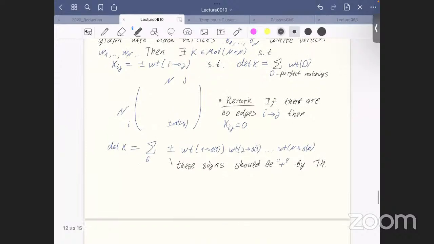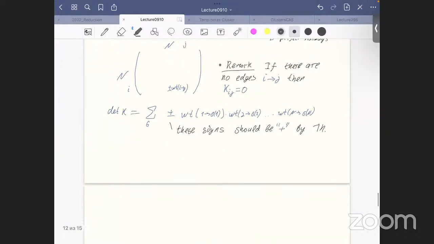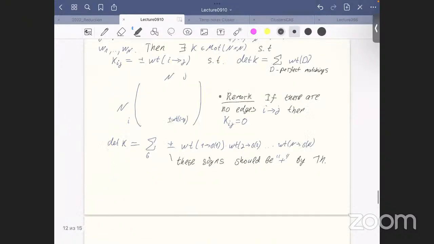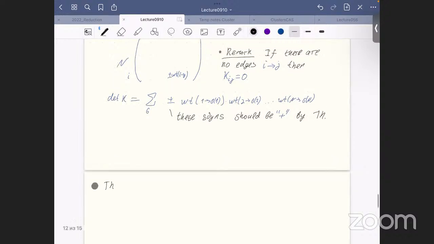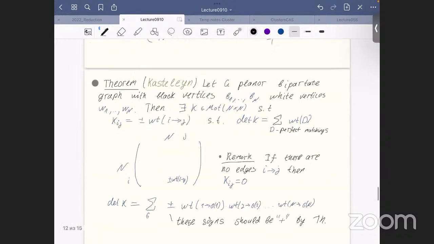And I will need another theorem of the same kind, also by Kasteleyn, the variation theorem.